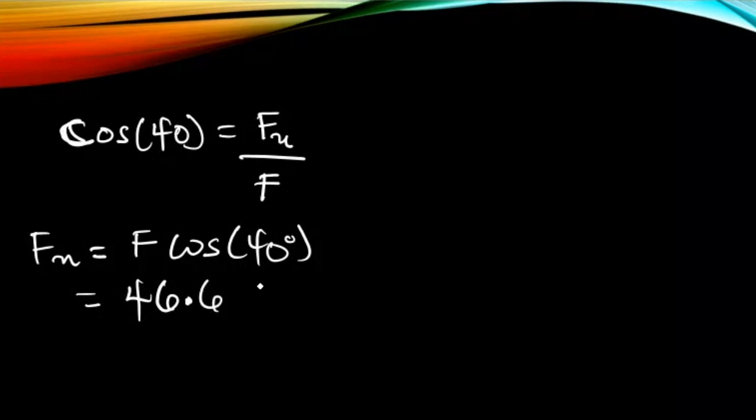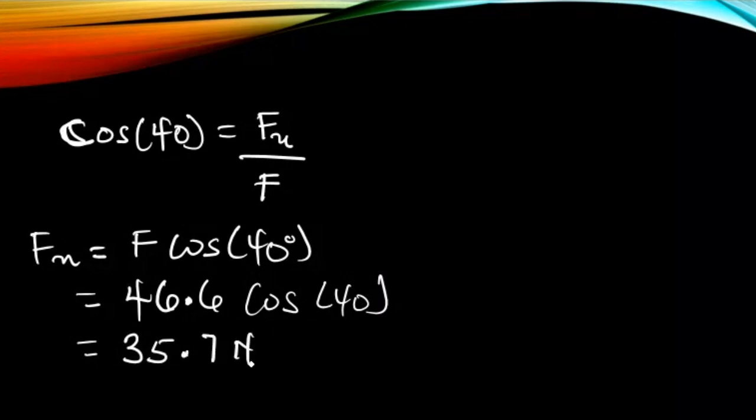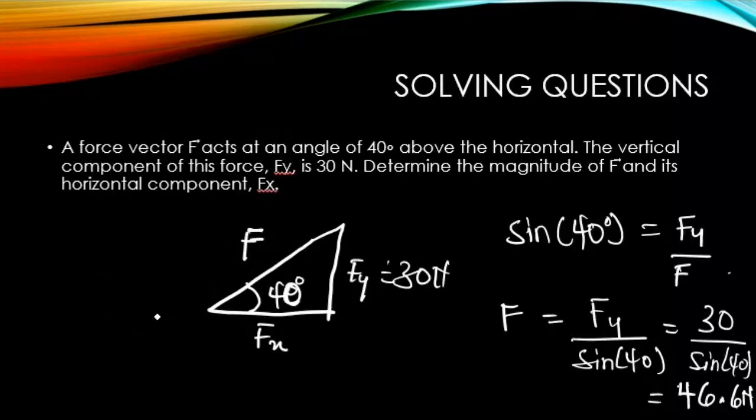So 46.6 cos of 40, using a calculator, you get 35.7 newtons. I think I didn't bring the newtons for this. Okay, I brought it.